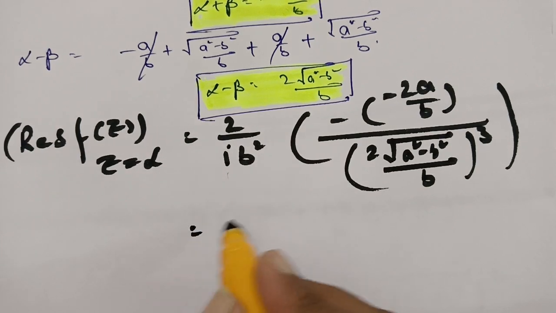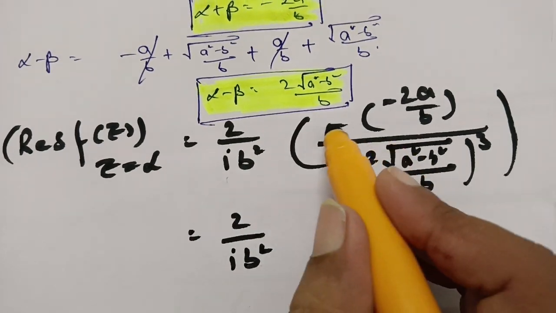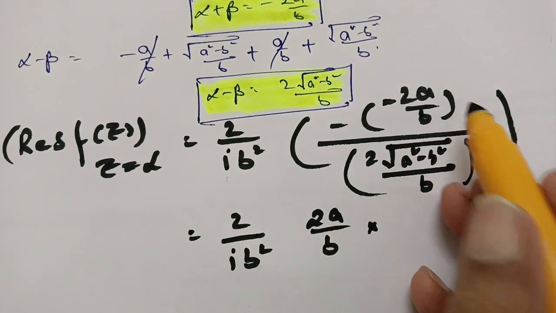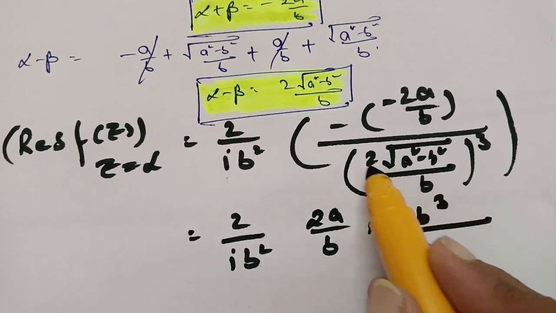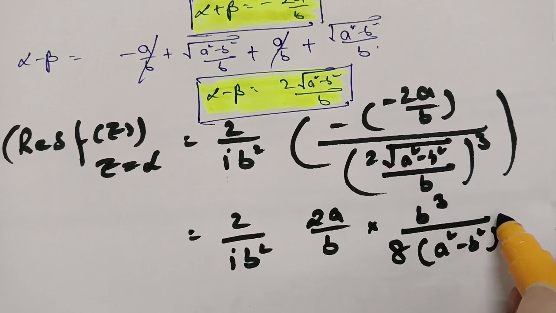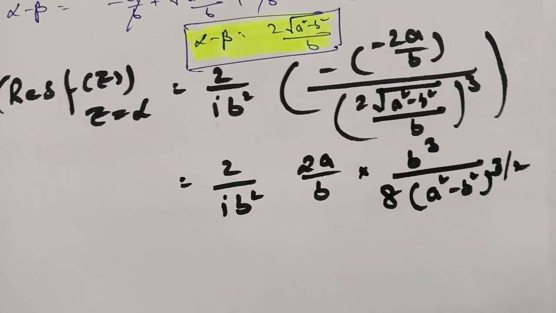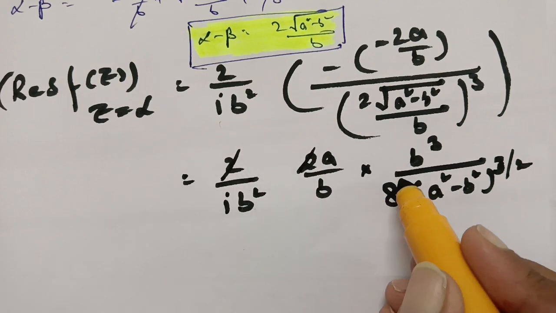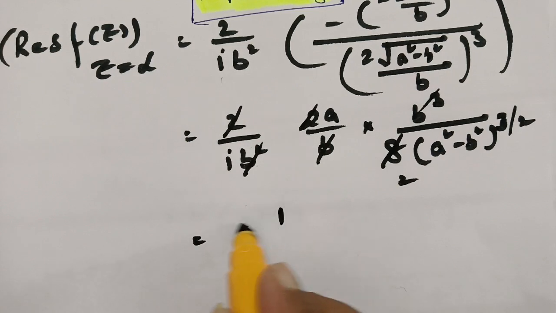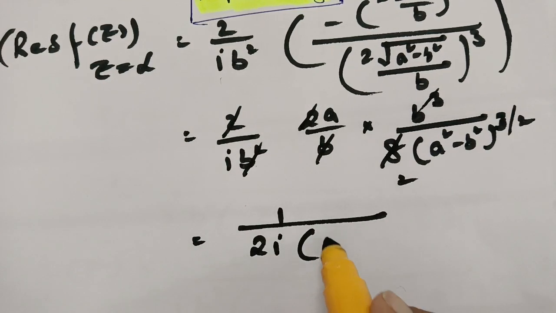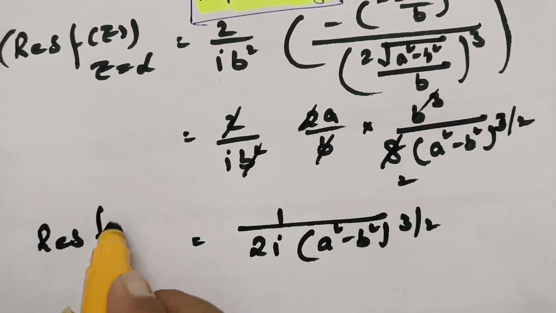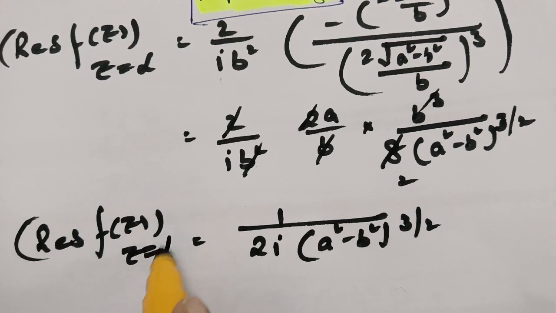Now, simplifying, minus and minus gives plus, 2a by b, and sending it to the numerator this will be b cube, and 2 cube is 8, and this is a square minus b square to the power 3 by 2. 2 twos are 4, b cube got cancelled, and this will be a by 2i into a square minus b square to the power 3 by 2. So this is the residue of f of z at z equal to alpha.